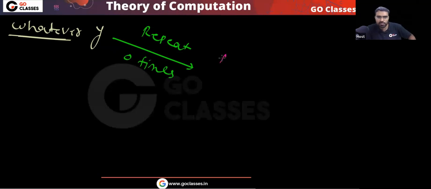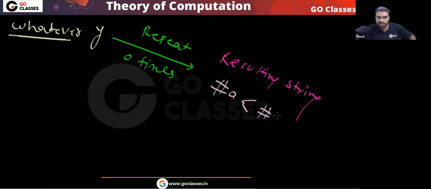The number of A will definitely be less than the number of B. Yes or no? If you repeat 0 times, then the number of A will be less than the number of B.